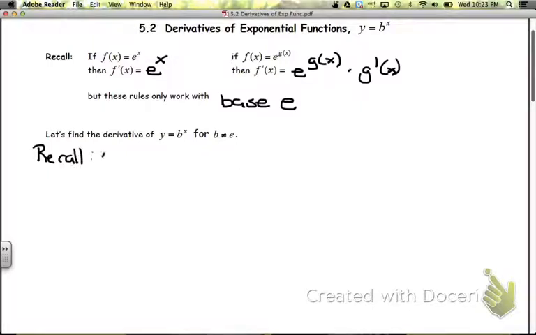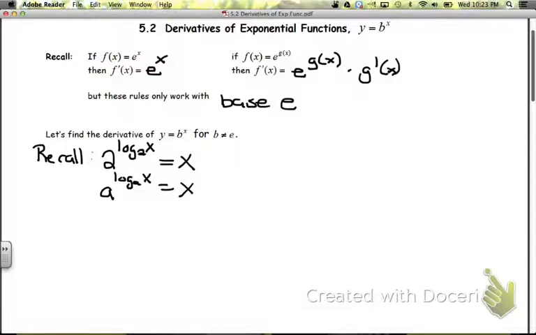So recall here that 2 to the power of log base 2 of x is actually just equal to x. And a to the power of log base a of x is equal to x.